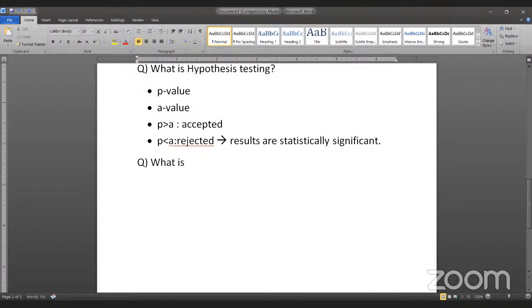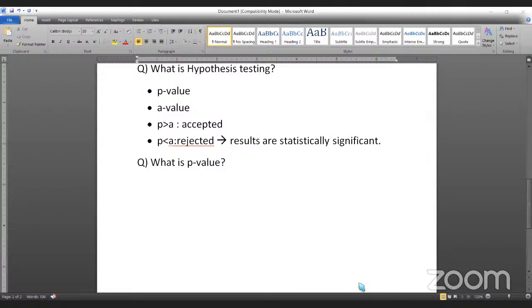Next, what is p-value? We can say p-value in statistics is a number that indicates the likelihood of data occurring by random chance.